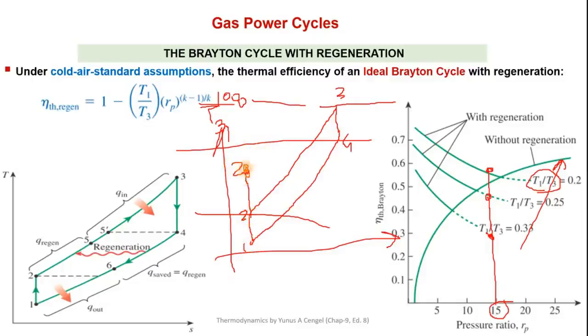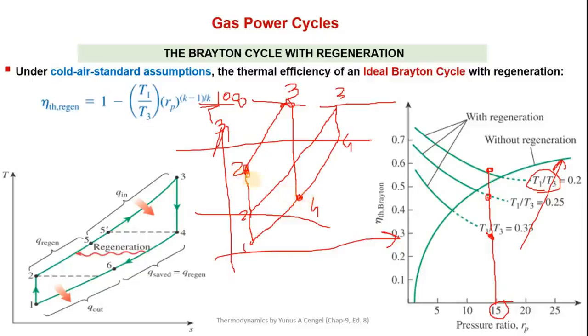T1 is fixed, T3 is fixed, right? Here is T3. Now this will be the new point 4. By increasing the pressure ratio and keeping T1 by T3 fixed, what is the end effect? This point 4 may be less than point 2.